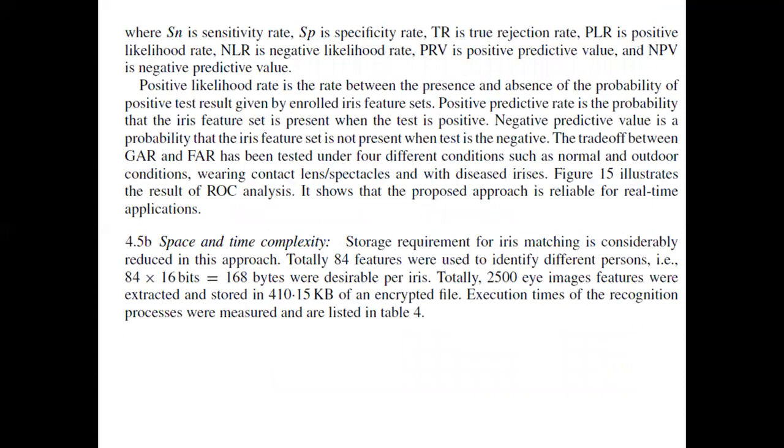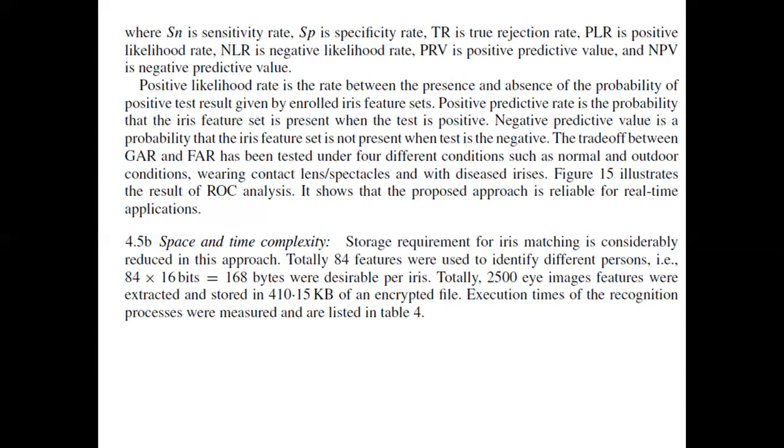The positive likelihood ratio is the ratio between the presence and absence of the probability of the test results given by the enrolled iris feature sets. Positive predictive rate is the probability that the iris feature set is present when the test is positive. Negative predictive value is the probability that the iris feature is not present when the test is negative.